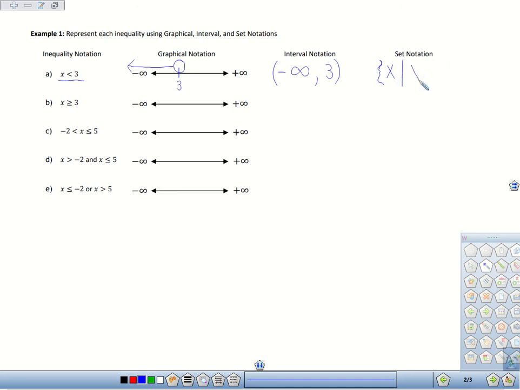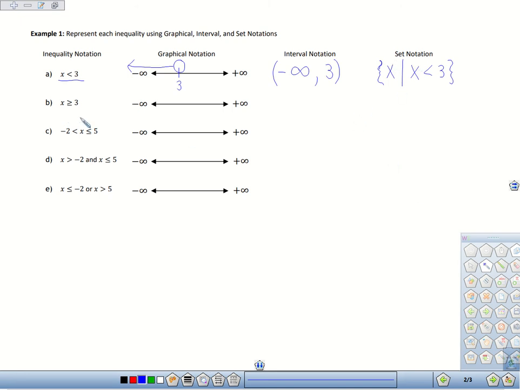In this case, the bounds of X are X is less than 3. And then we close it with a set ending. So it's very similar to inequality notation, but you have this extra set builder notation around it. And with the set builder notation, when we say X such that, we're implying the set of real numbers, which are non-imaginary numbers. So that's what that indicates.